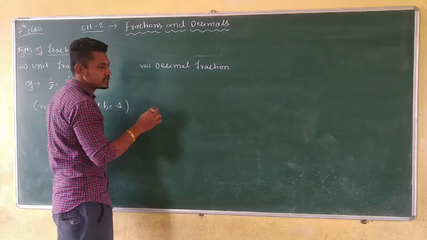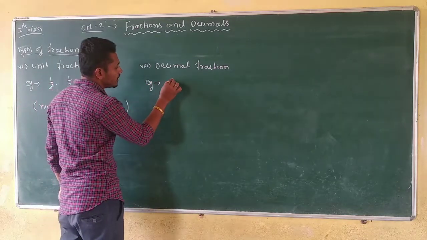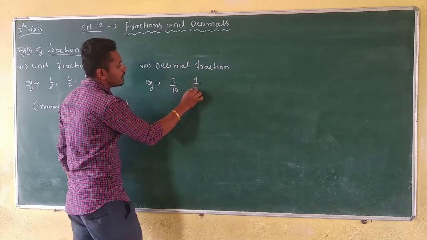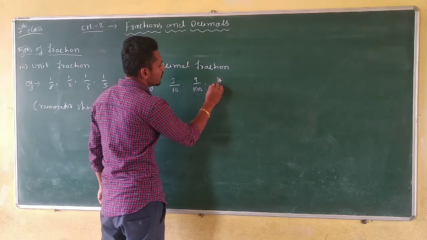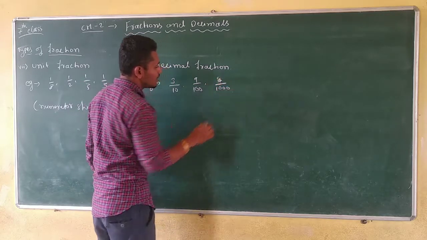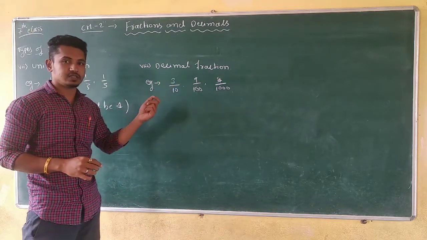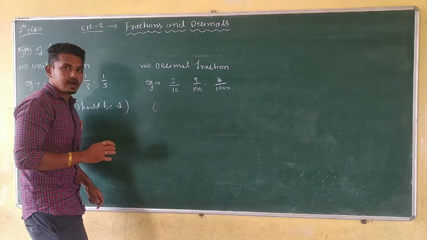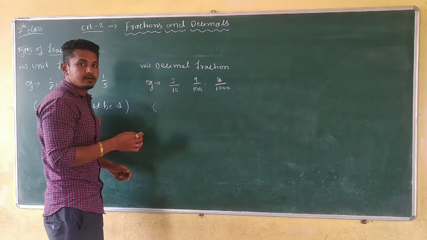Next, decimal fraction. Take some examples for decimal fraction: 3 divided by 10, 9 divided by 100, and 4 divided by 1000. These types of fractions are known as decimal fractions. Why? Because these fractions are easy to write in decimal points.